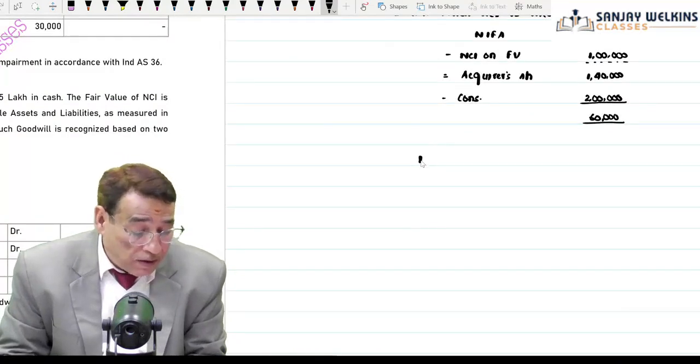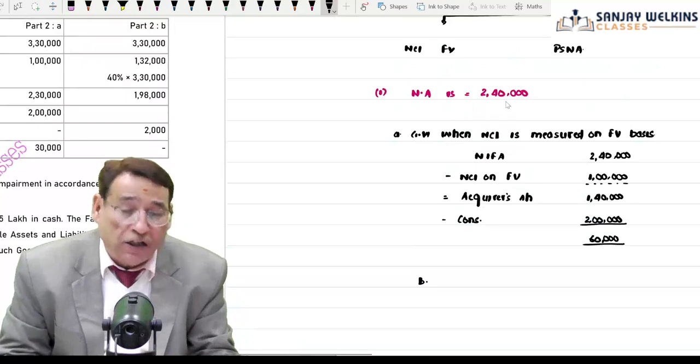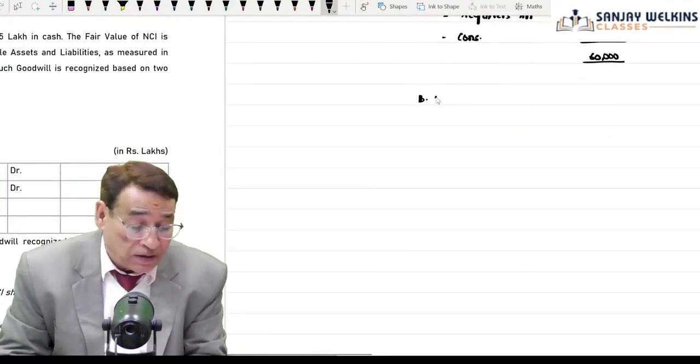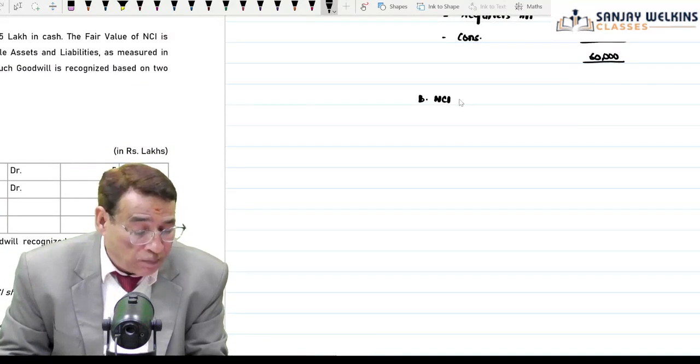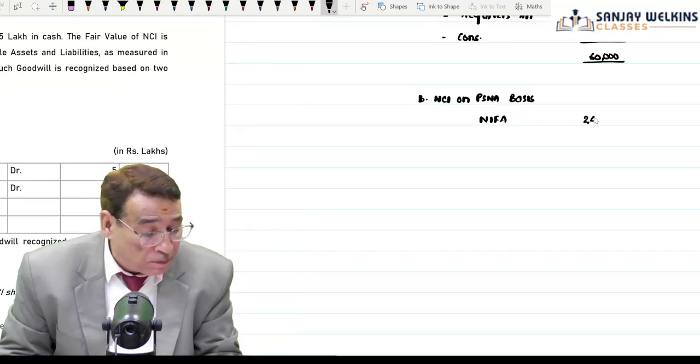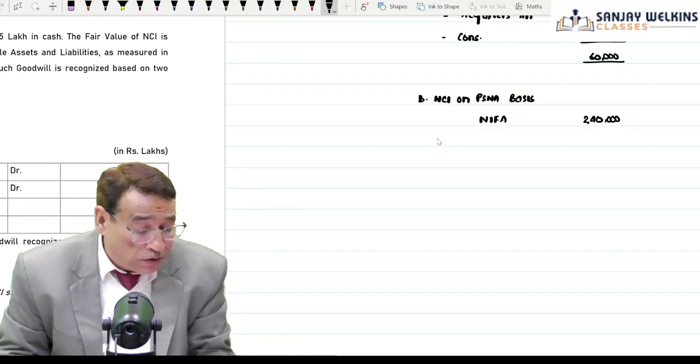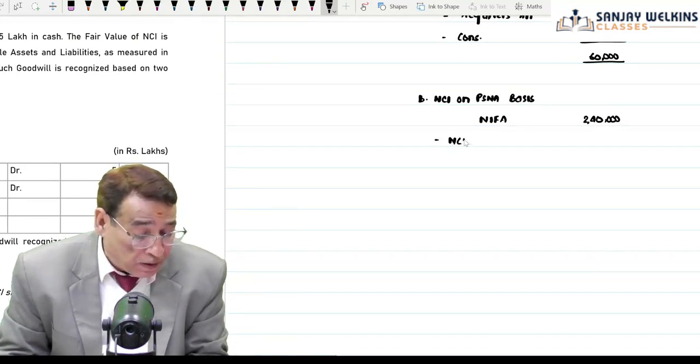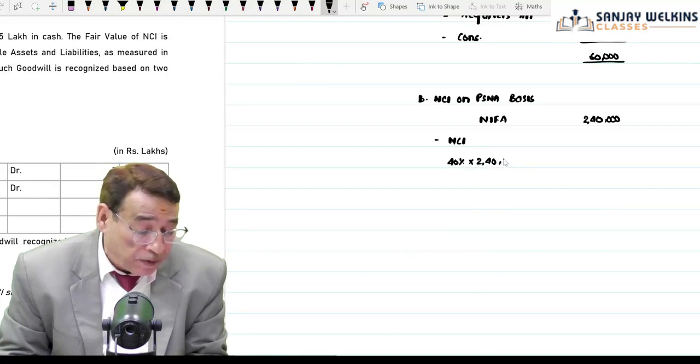And if net assets are 2,40,000 and NCI is on PSNA basis, once again I write NIFA, net identifiable assets, that is equal to 2,40,000. Now I am going to find out NCI on PSNA basis. NCI will be equal to 40% of 2,40,000 on PSNA basis. 40% is the proportion of NCI.